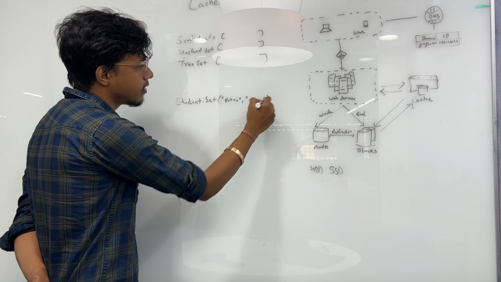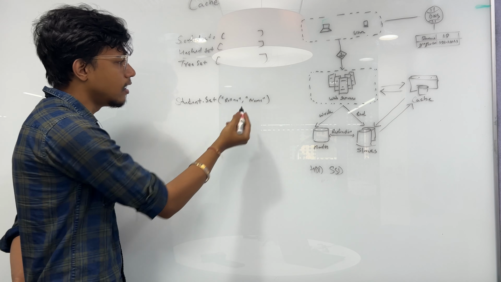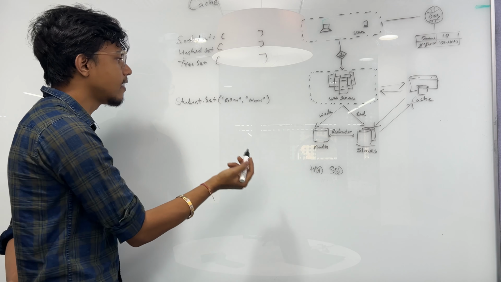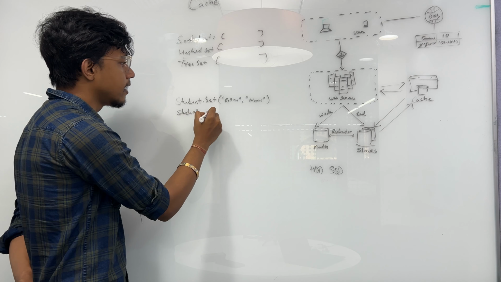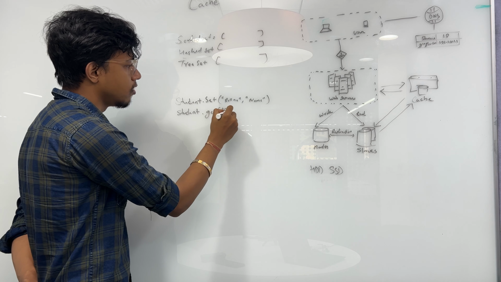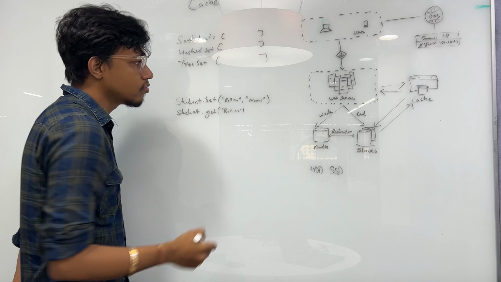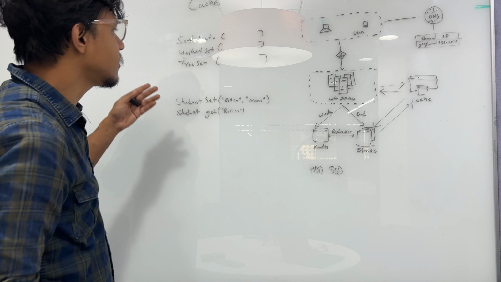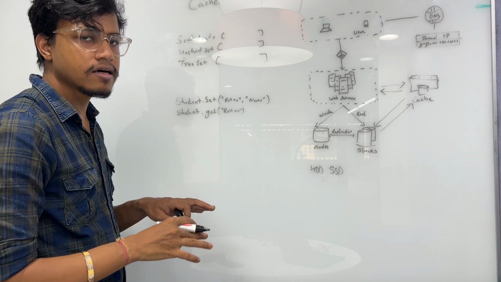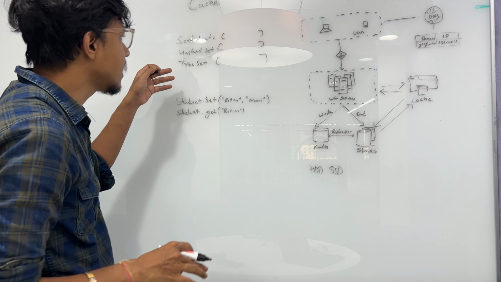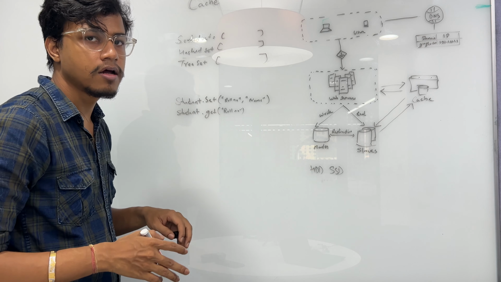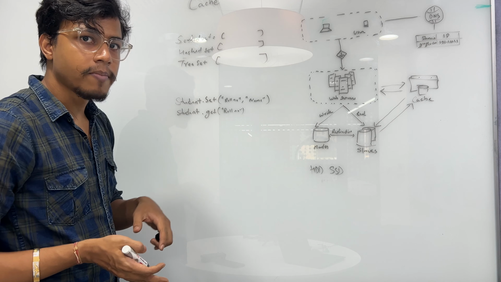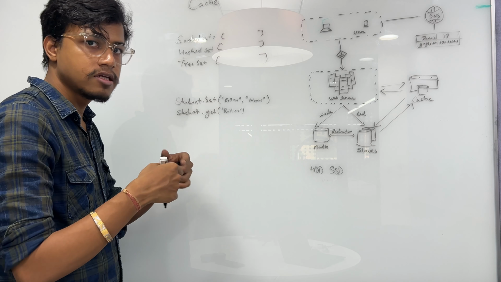The roll number will be the key because the roll number will be unique, and the name will be the value for that. And to fetch it, it would be student.get, and then the roll number. Yeah, it is something like that. So it is nothing but a data storage, and there are multiple types of data storage present in cache, so that you can implement them in your application depending on which scenario you are working on.